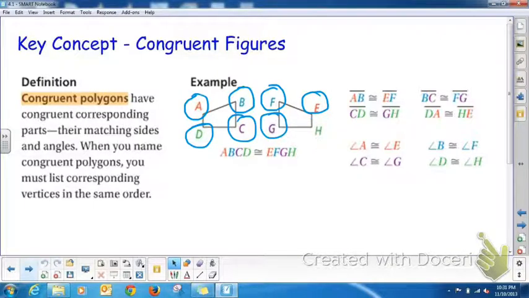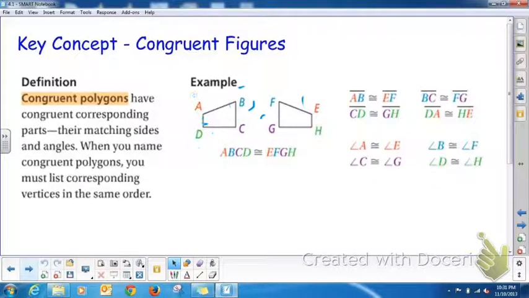So when you're saying that these figures are congruent, you're saying that ABCD is congruent to EFGH. If you listed the letters of the second quadrilateral in a different order, then you would be incorrect.